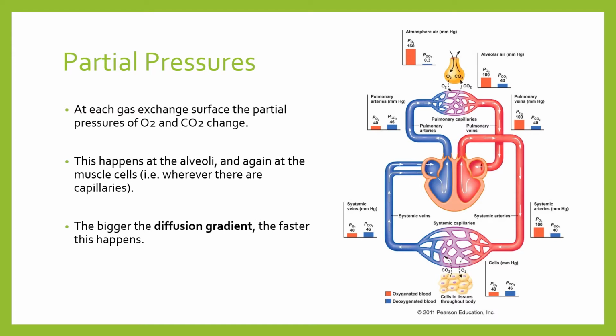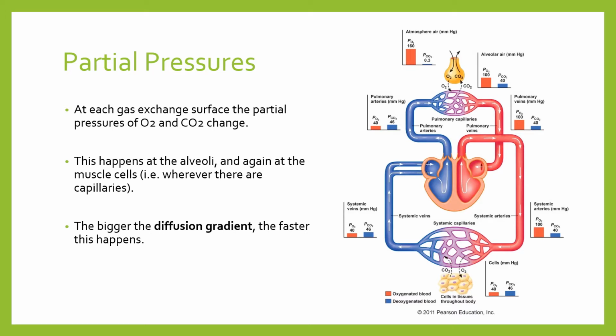But what's really important to note is the diffusion gradient, so let me clarify what I mean by that before I move on. The diffusion gradient is the difference between the partial pressure of a gas on one side of a membrane versus the partial pressure of that same gas on the other side of the membrane. If the partial pressure of oxygen within the alveoli is much greater than the partial pressure of oxygen in the capillaries surrounding the alveoli, we have a very large diffusion gradient.